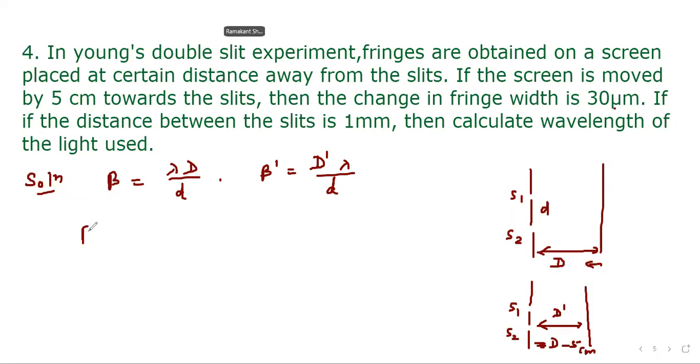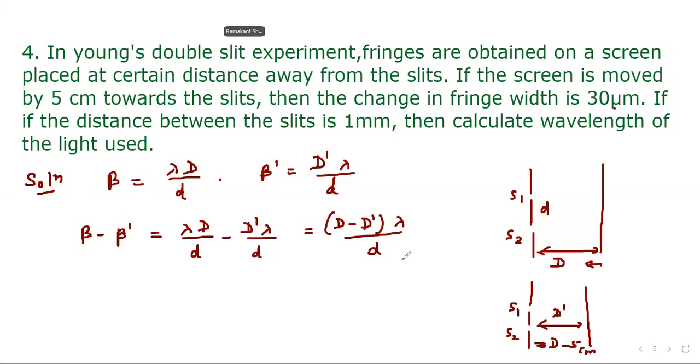So the difference in the two, beta minus beta dash, will be equal to lambda D upon small d minus D dash lambda upon small d. So it will be D minus D dash times lambda upon small d. Our purpose is to get lambda.